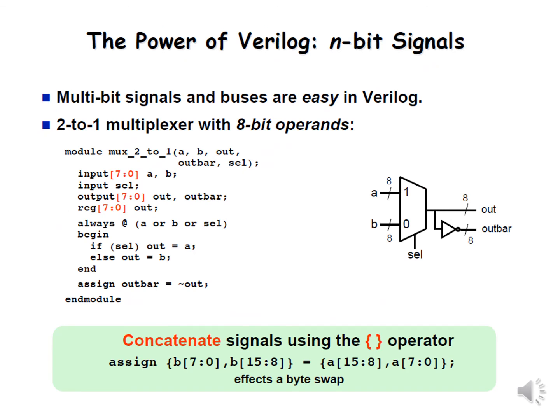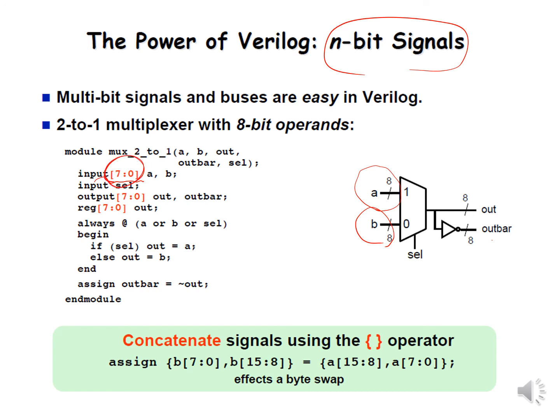This example shows an n-bit bus signal. For the multiplexer, you may take in 8-bit A and B, with the same function for the multiplexer. So you define [7:0] with square brackets, and using that you get the bus representation.